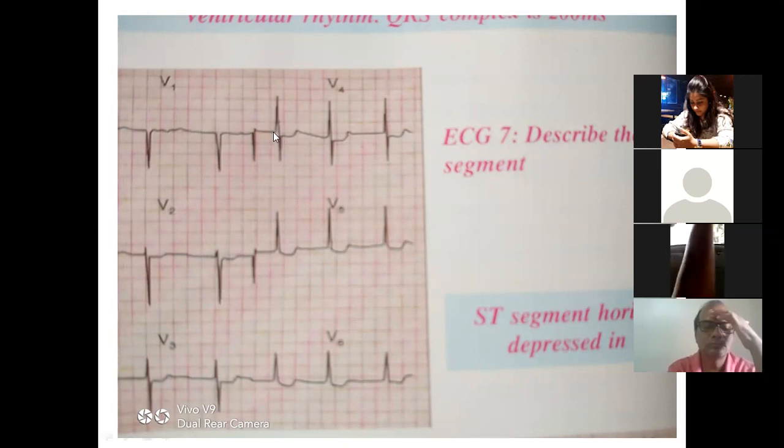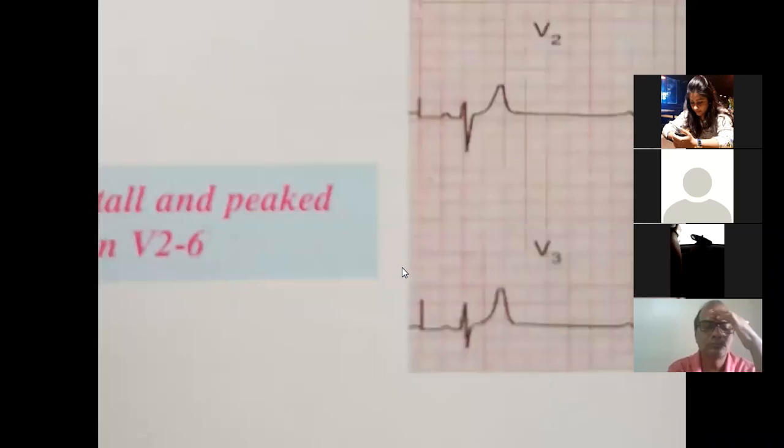It is telling you that the origin of the impulse is not from the SA node. Only the ventricular event is seen here. And there is ST depression. Now this is telling you that there is ischemia.